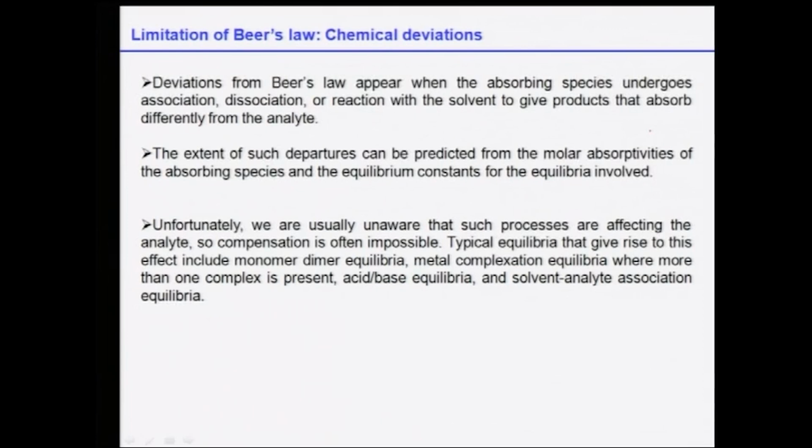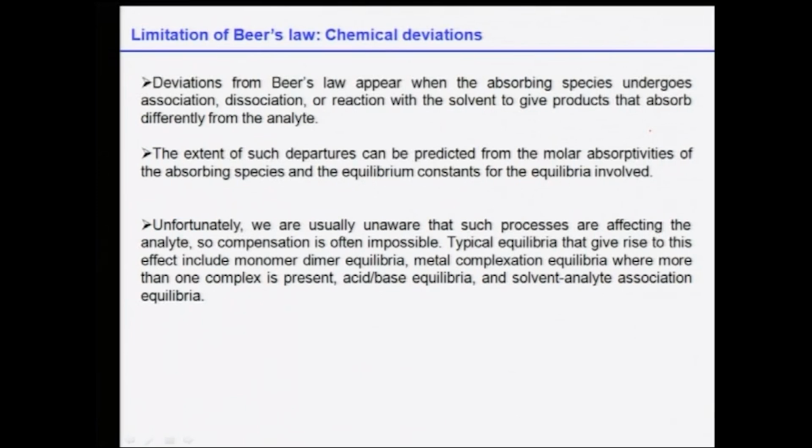That means if there is any reaction of the chemical species, whether dissociation or other reaction, it will give you different values of absorbance than if there is no such reaction. Such departures can be predicted by looking at the molar absorptivities of the absorbing species, and if we know that, we should also know the equilibrium constants. Unfortunately, we are usually unaware of such processes at the beginning, so compensation is very difficult.